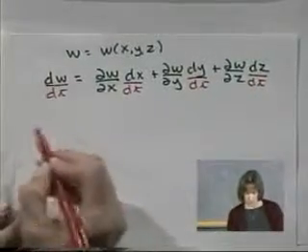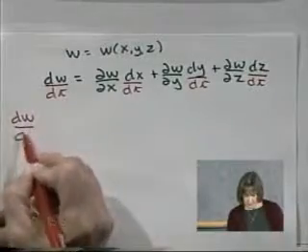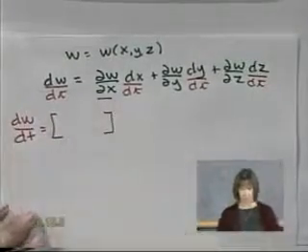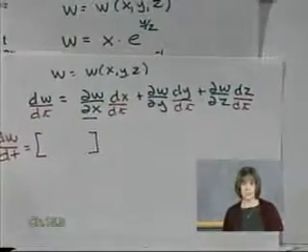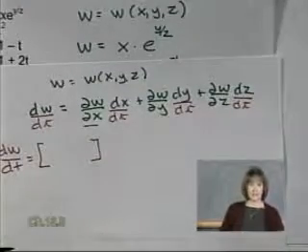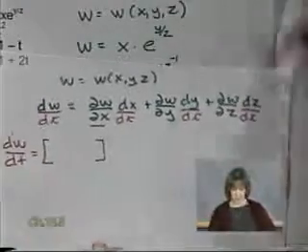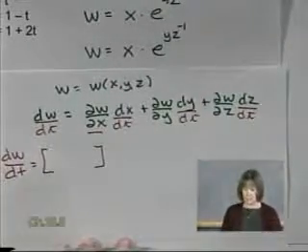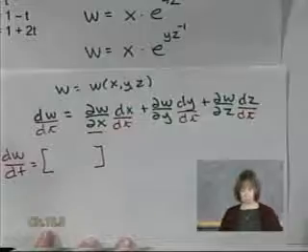All right, so my dw dt is equal to, first, I have to have the partial of w with respect to x. So what do we have here? W was x times y over z, and I said I found it a little bit easier to write it as x times e to the y times z to the negative 1.